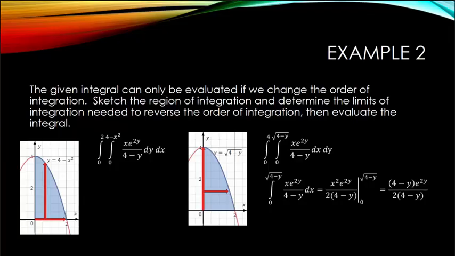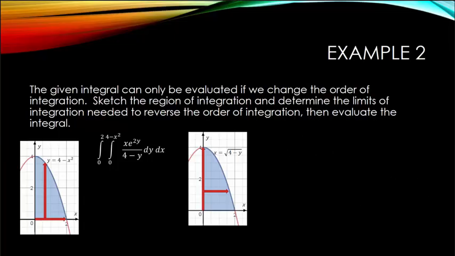This gives me x squared e to the 2y over 2 times the quantity 4 minus y, evaluated from 0 to the square root of 4 minus y. I get the quantity 4 minus y e to the 2y over 2 times the quantity 4 minus y. This simplifies to e to the 2y divided by 2.